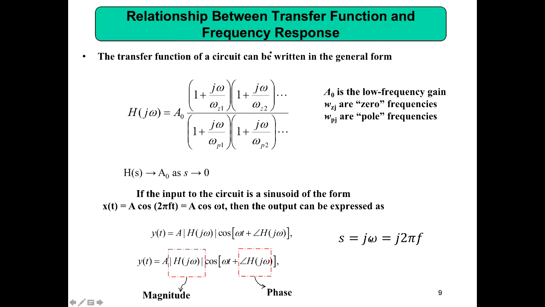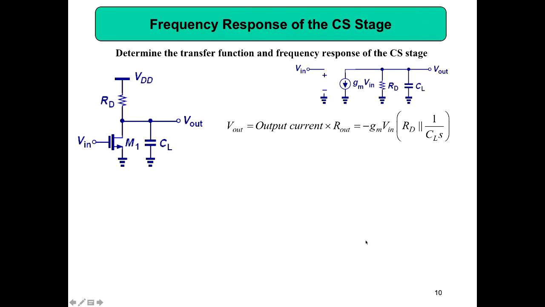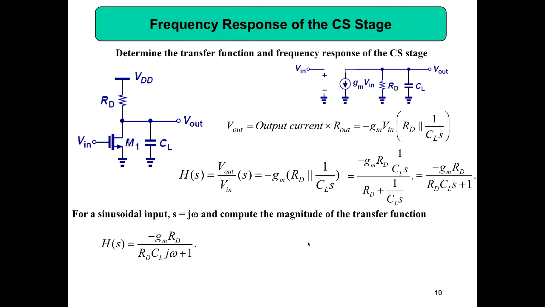So then we can write H(s), the transfer function, equal to minus gm into RD by RD CL j omega plus 1. If you take the modulus, then it is gm into RD over the modulus of a complex number, root of RD square CL square omega square plus 1.